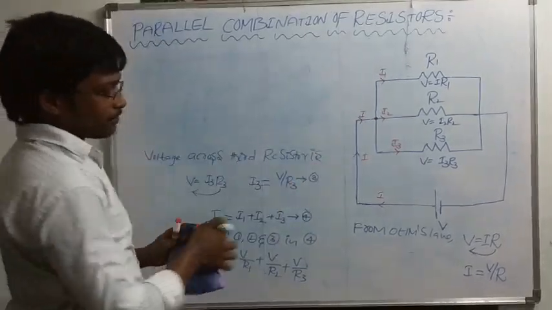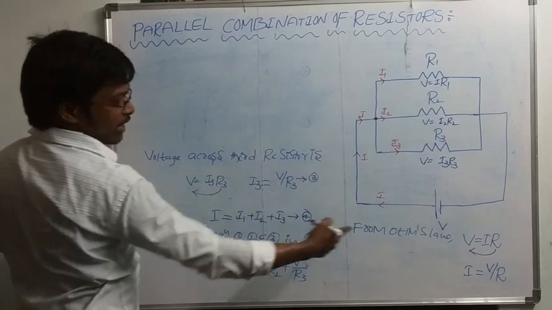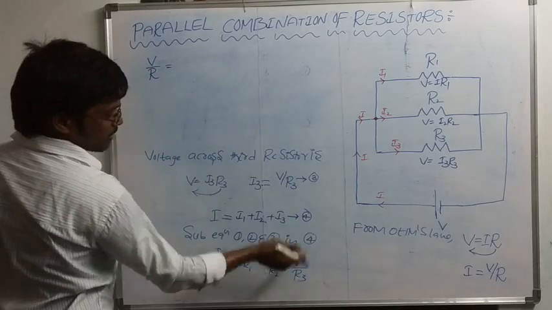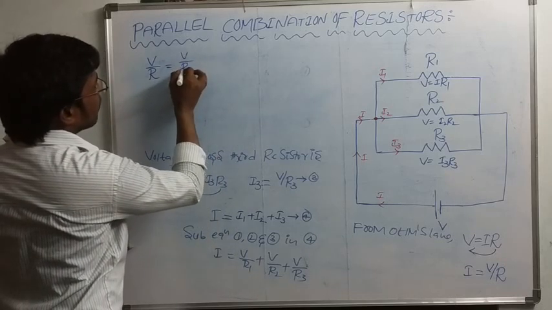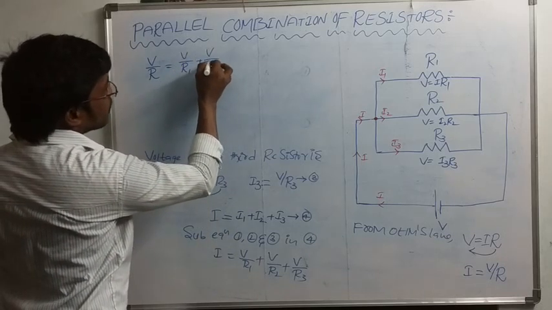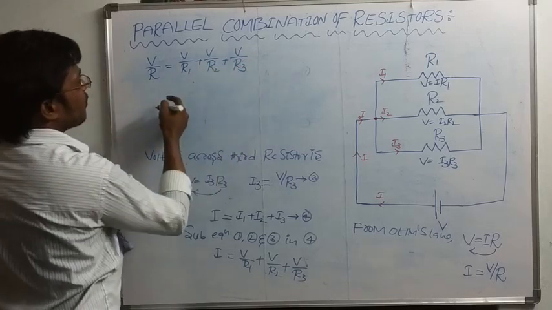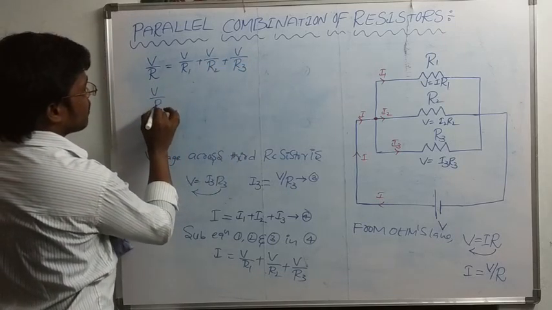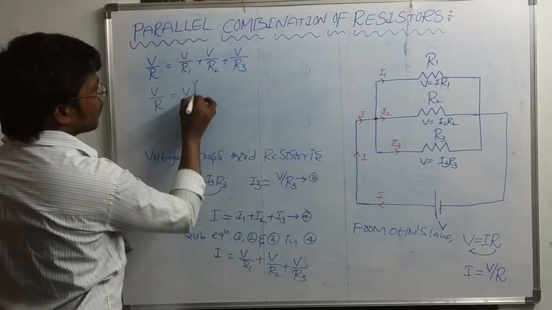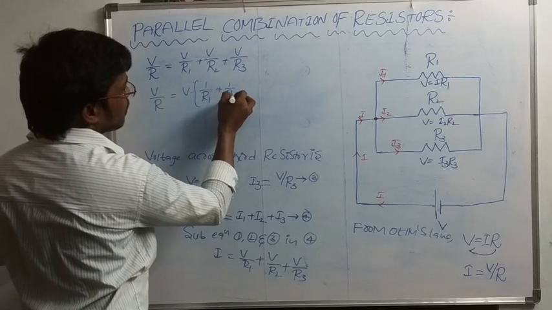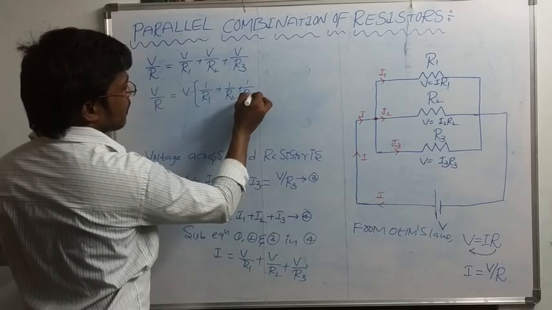Please see, in the place of I I am substituting that value. V by R is equal to, what is the RHS? V by R1, V by R2, V by R3. So take the common V. V by R is equal to V times 1 by R1 plus 1 by R2 plus 1 by R3.